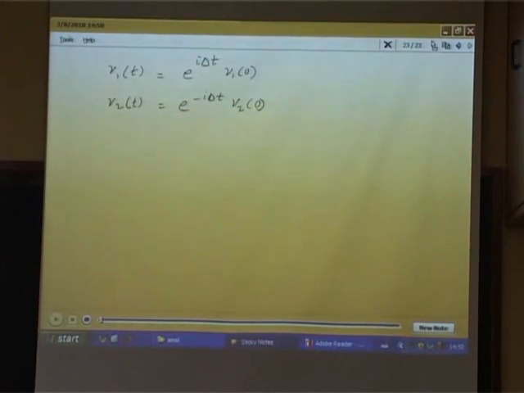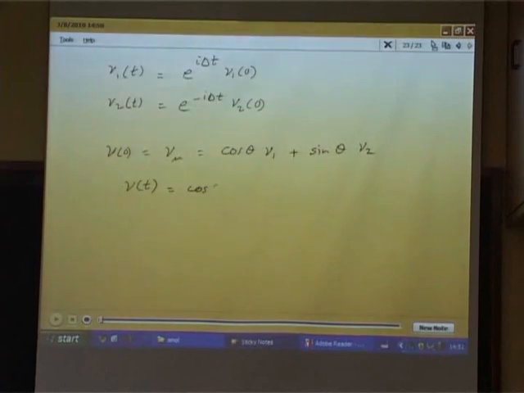Then you do the same exercise that you did earlier. So let's say you produce a new mu. So you produce a new mu. So nu mu at 0 was some cos theta nu1 plus sin theta nu2. Then you want to say what happens to nu mu at time t.